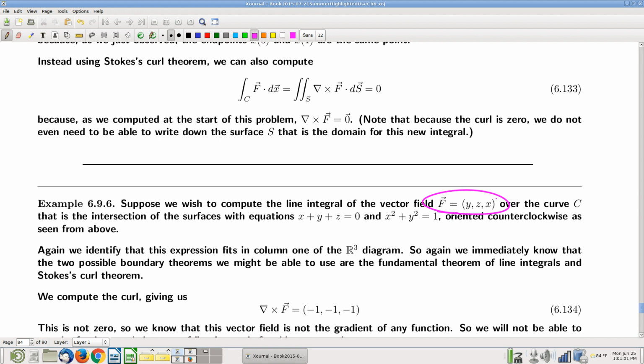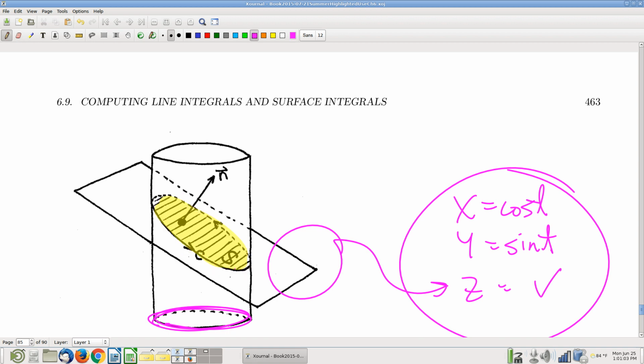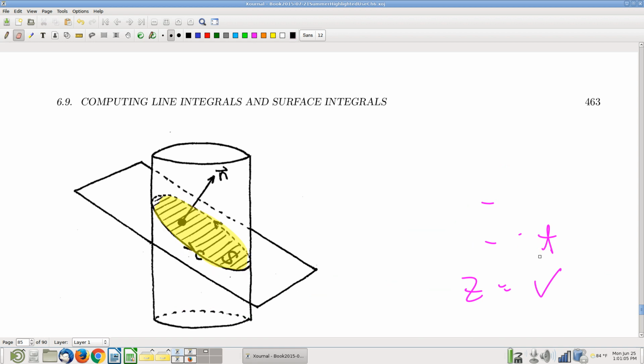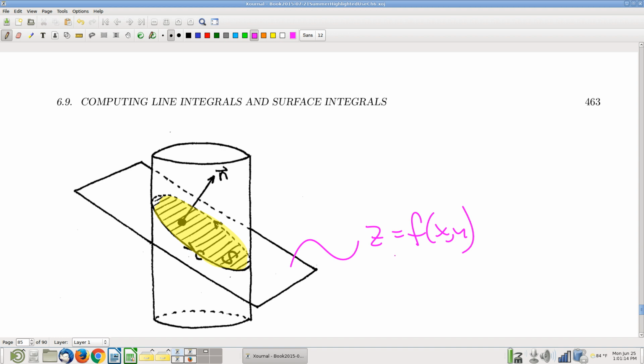The alternative, and what I meant to say a minute ago, is the surface. Easy to parameterize because if you know z as some function of x and y, you can use the graph parameterization. Right, and the graph parameterization then turns out to be pretty straightforward.